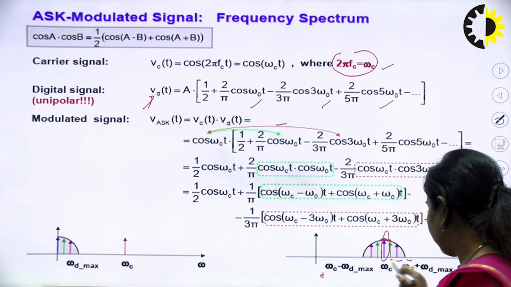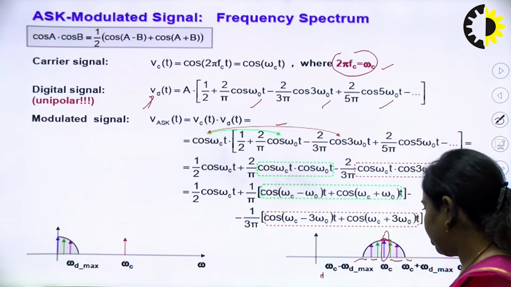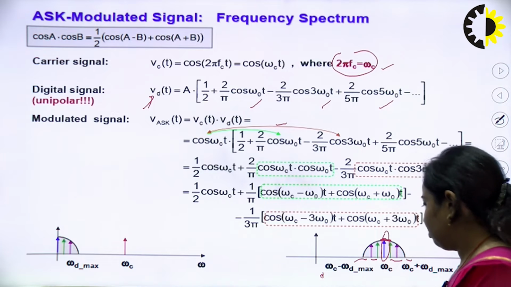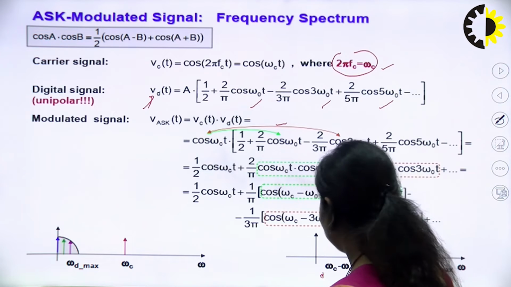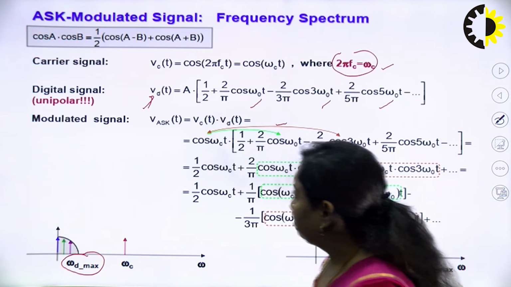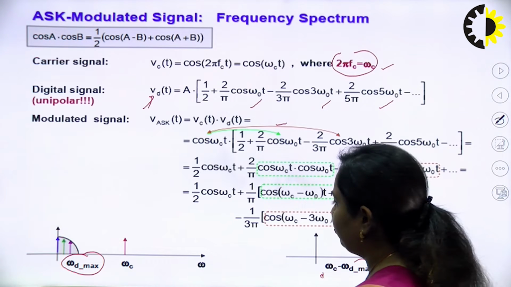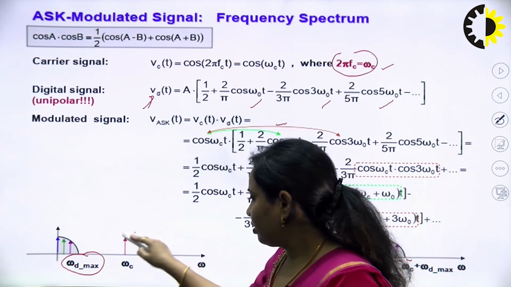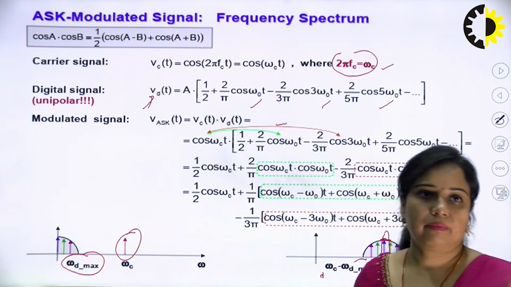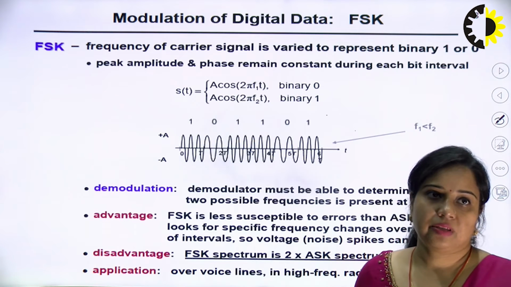These are the sidebands which have decreasing amplitude, and this will be the spectrum of the output signal, and this is the spectrum of the digital data which is unipolar in nature, and you can see that this frequency is quite high as compared to the omega d maximum.